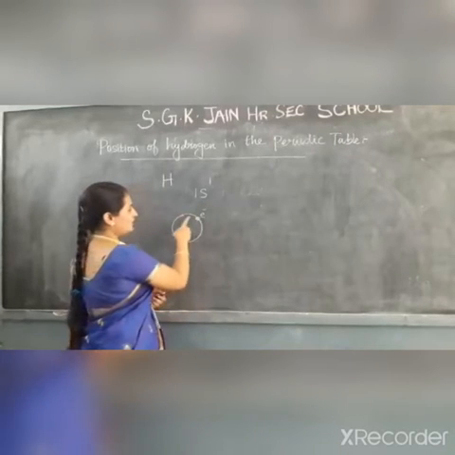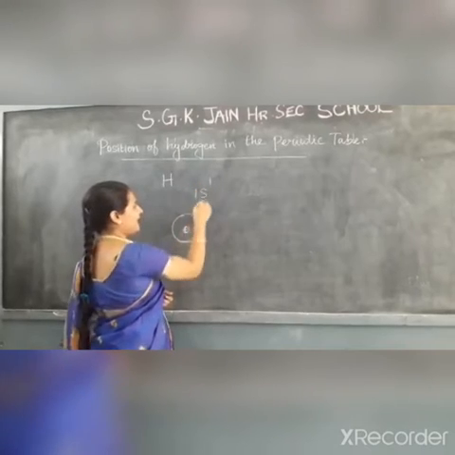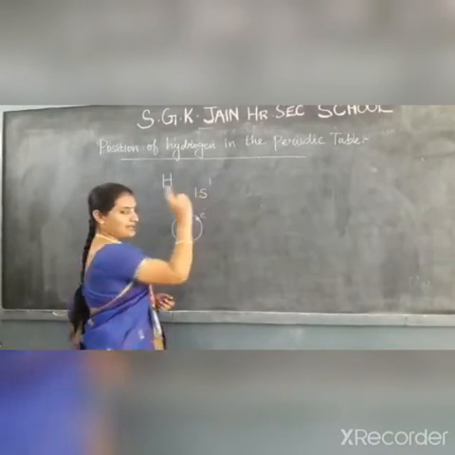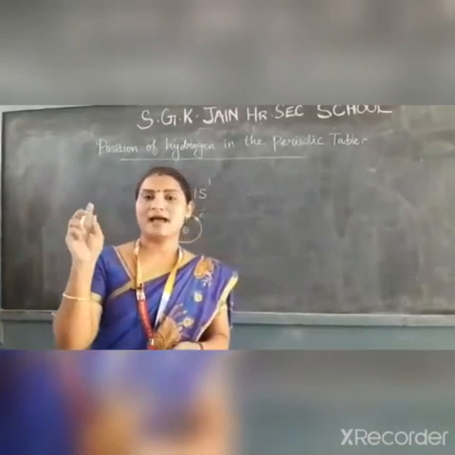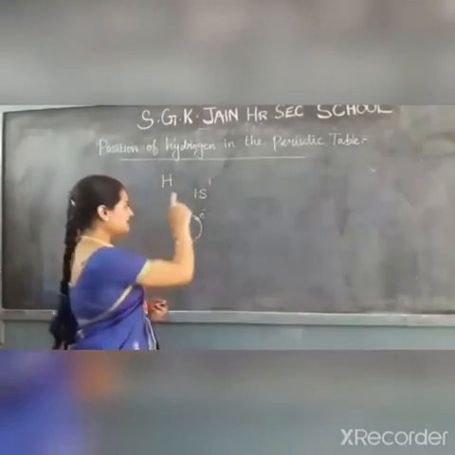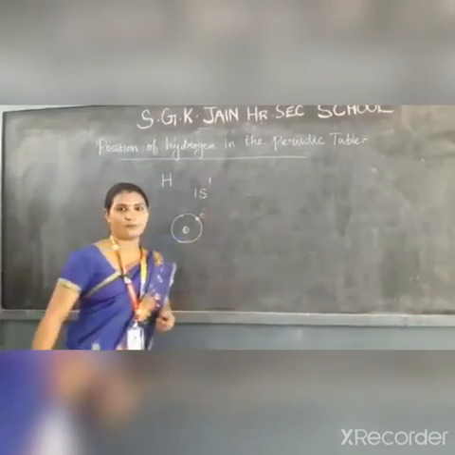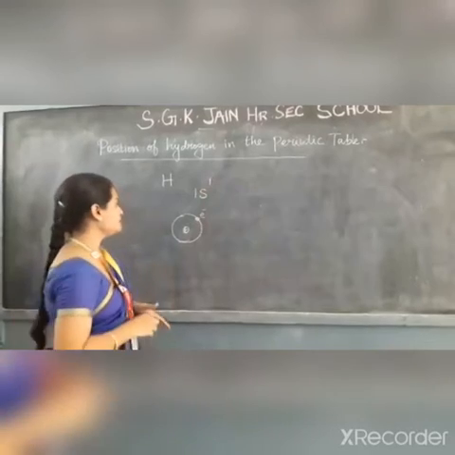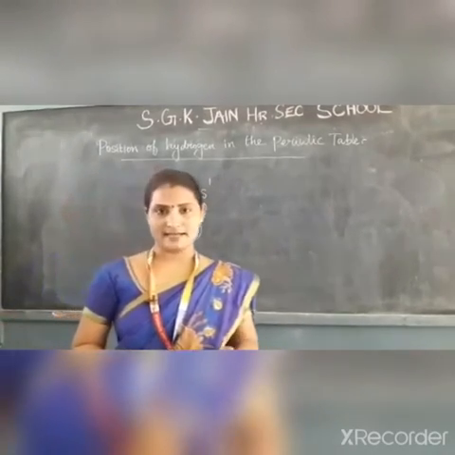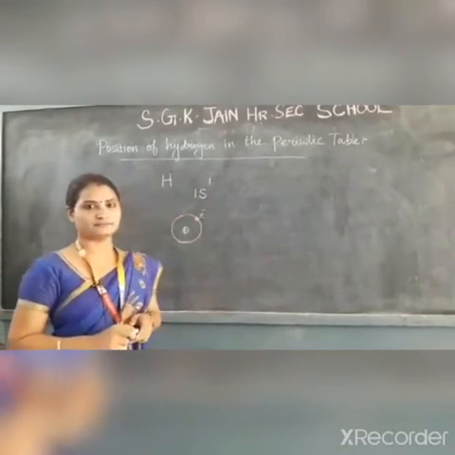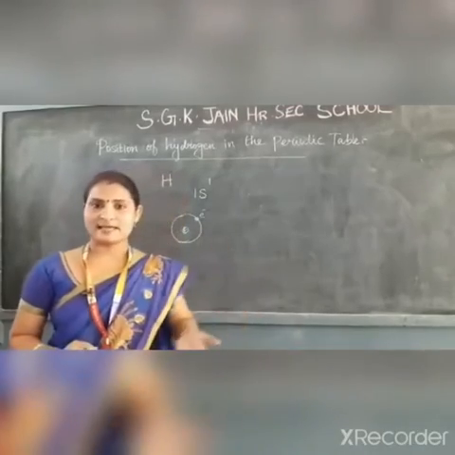So the first orbit, that one indicates the orbit number, and s means the s subshell can hold a maximum of 2 electrons, and as there is 1 electron, it is s1. It is unique in nature because it behaves like an alkali and it is like a halogen. It has properties like a halogen, but it behaves like an alkali.